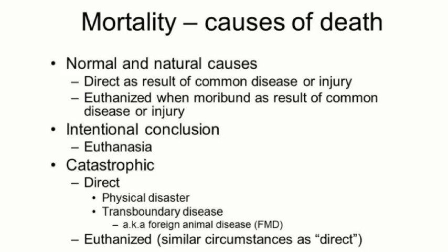And then there is catastrophic mortality. These are the unexpected events that cause a large number of animals to either die or to have to be euthanized in response to a situation. We have physical disasters like flood, hurricanes, roof cave-ins under snow loads, and others. Electrical outages would be another example. And then we have those serious diseases we now refer to as transboundary.